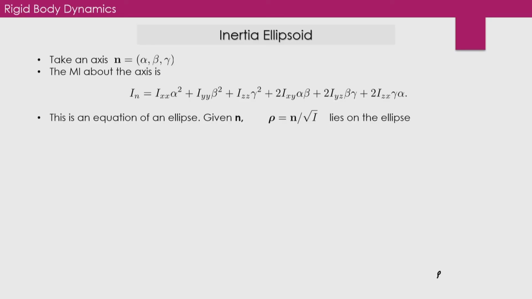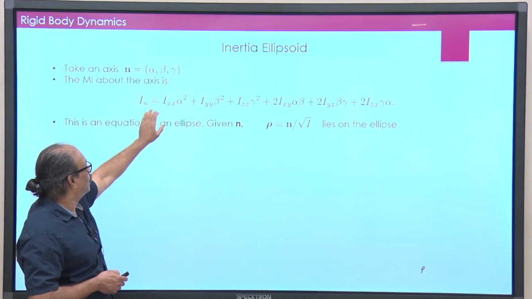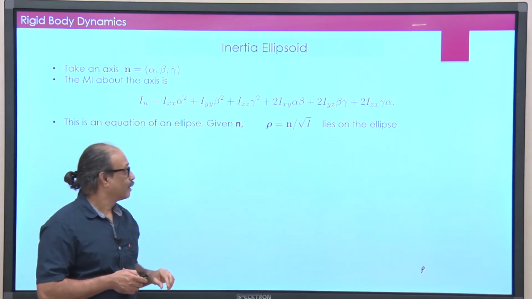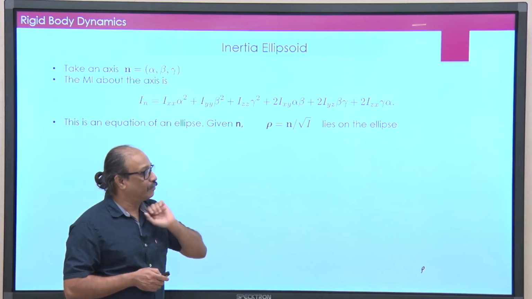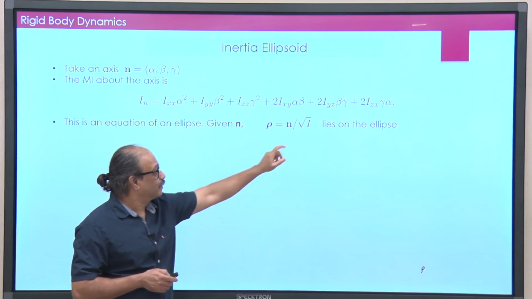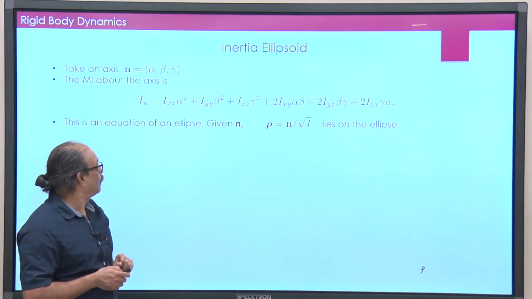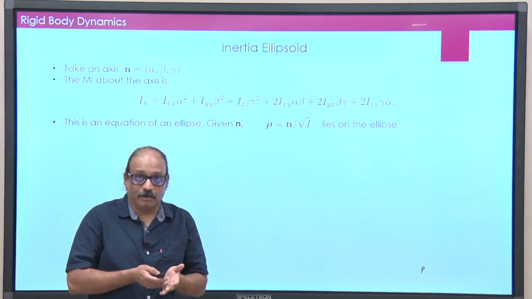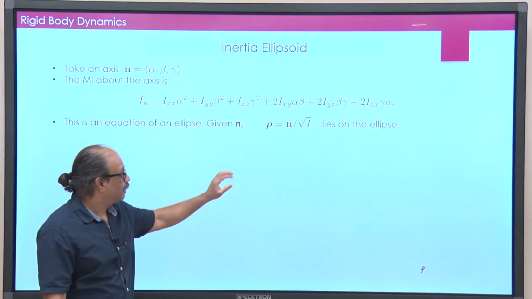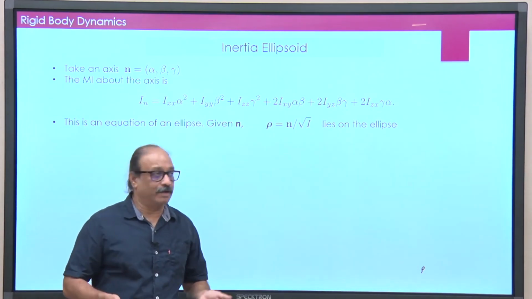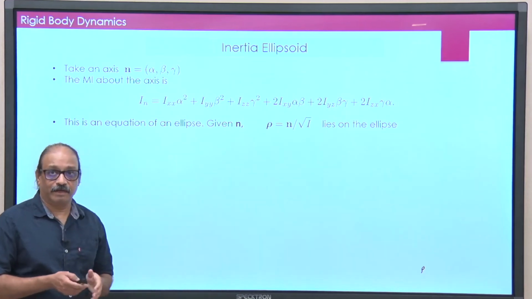So, I will of course take this I_n to the other side and divide by I_n there, so it will be alpha divided by square root of I_n. So, define a new vector rho such that it is n divided by square root of I_n. Then all those rho vectors will lie on the ellipsoid, and that ellipsoid is called the inertia ellipsoid of the rigid body.